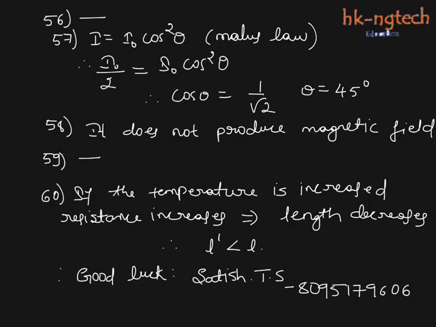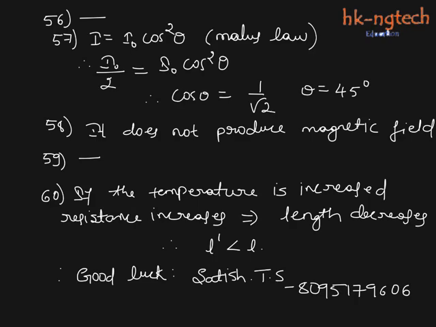Okay, please take the 57th question. In a system of two crossed polarizers, it is found that the intensity of light from the second polarizer is half that of the first polarizer. The angle between their pass axes is, this is a problem on Malus law. We know that I is equal to I naught cos square theta.